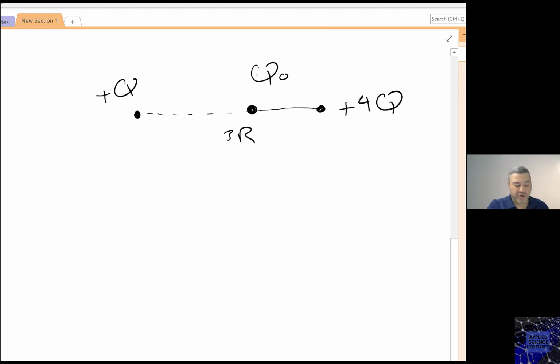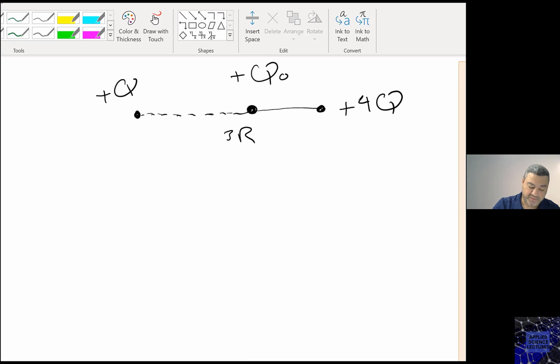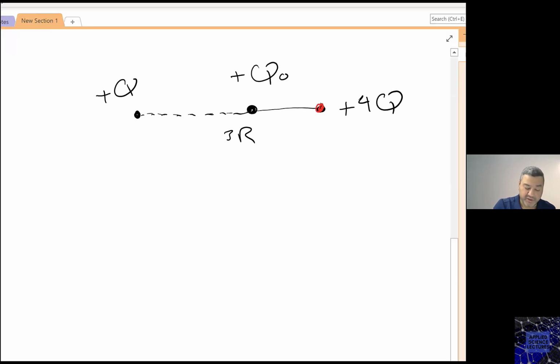let's assume that this charge is positive. I'm just trying to understand if it's possible or not. Then what are the net forces exerted on this Q naught? If this is positive and this is positive, then definitely, if I pick this red, the force exerted on Q naught due to this charge would be a repulsive force and pointing in this direction.